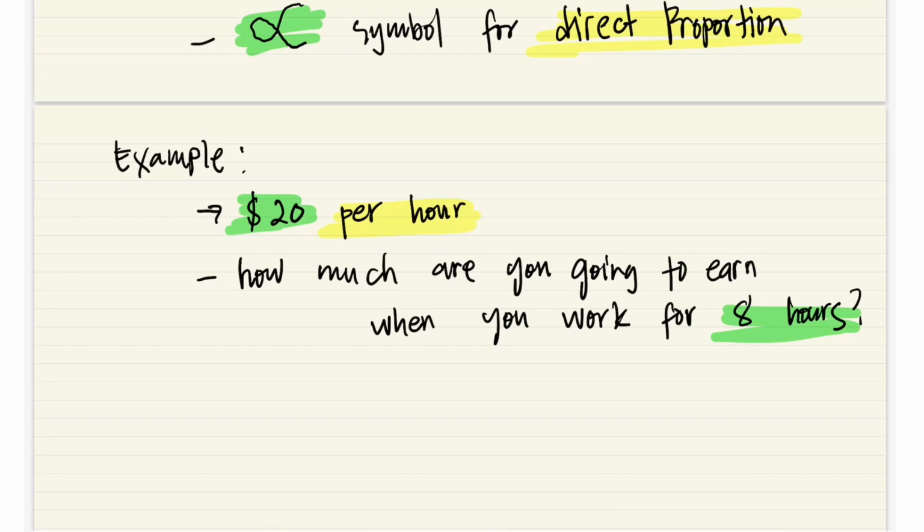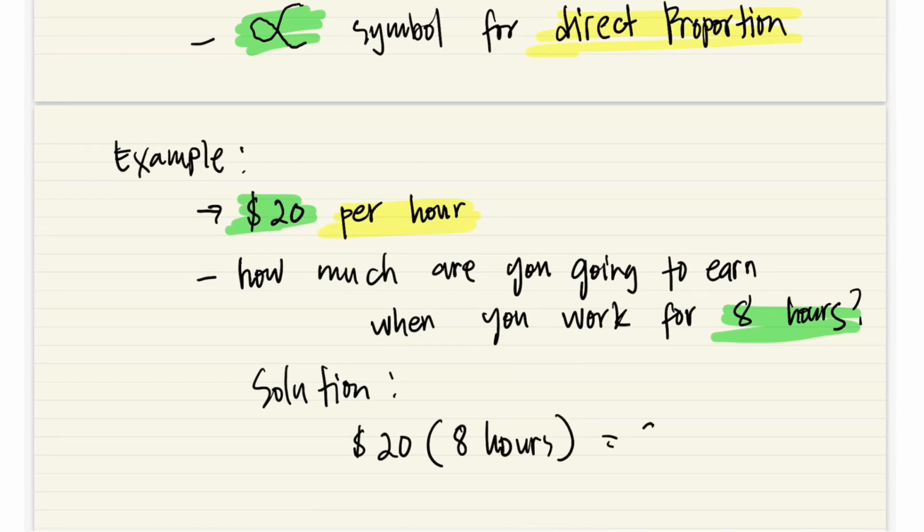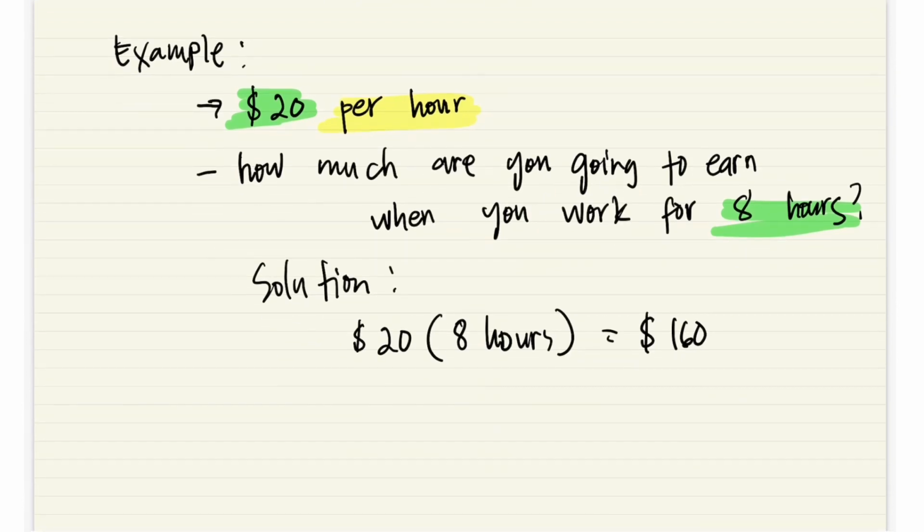The solution would be $20 times 8 hours, which gives you $160. So you multiply 20 times 8 equals 160.